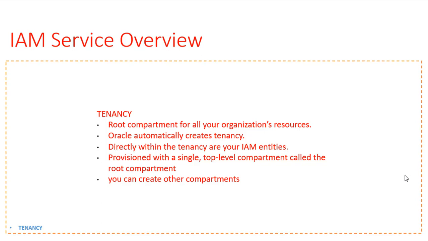IAM entities are your users, groups, policies. We'll talk more in detail later on. Provisioned with a single top-level compartment called the root compartment, which is the tenancy. Now within this tenancy, you can create other compartments, which we'll do in the next slide.